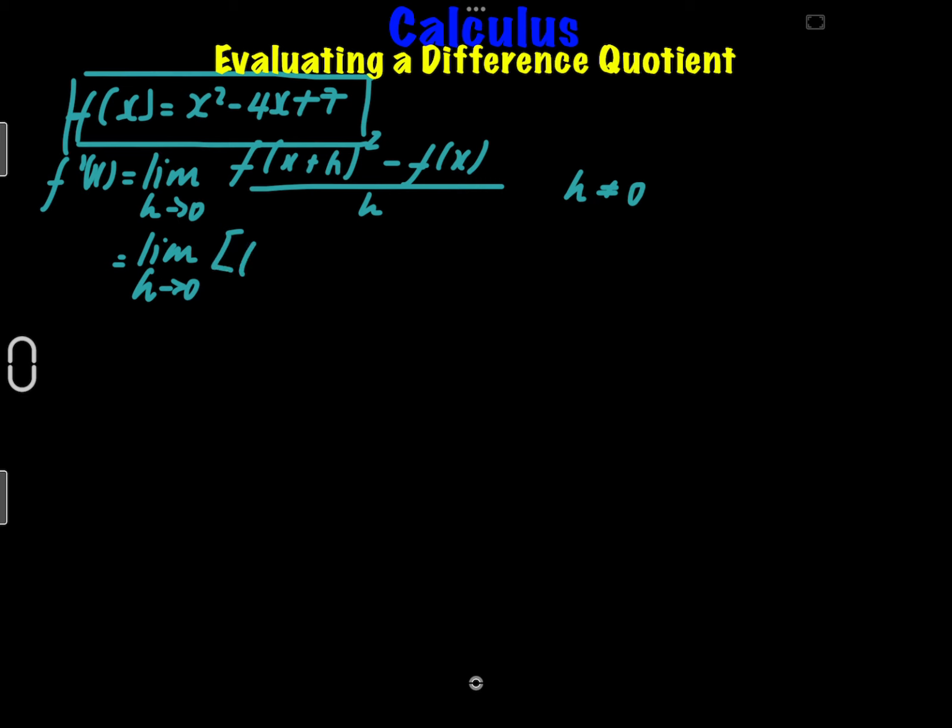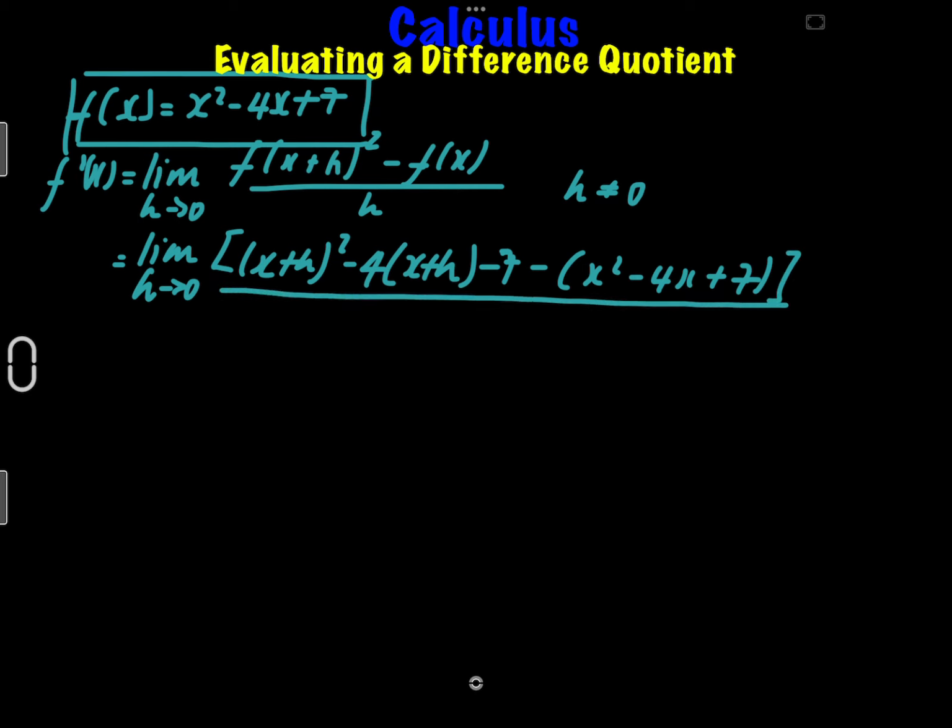Where x is, we substitute x plus h raised to the second power, minus 4, where x is, we substitute x plus h, so we have x plus h minus 7, this is our constant in the original function, minus the actual function itself, x squared minus 4x plus 7, close bracket, and all of this is divided by h.